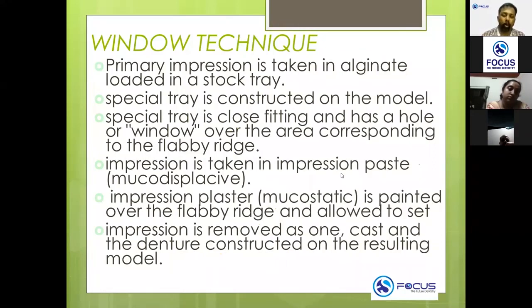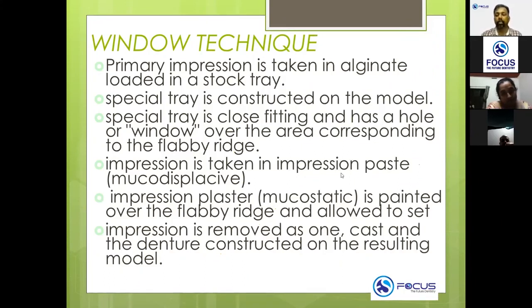Then over the flabby ridge region, we cut a window so that that region is not compressed. Then for the rest of the region, we take the impression with the normal technique, except the flabby region. I'll show you the picture, then it will be more clear to you all. After that, the flabby region is recorded with a mucostatic impression material so that it is not compressed.